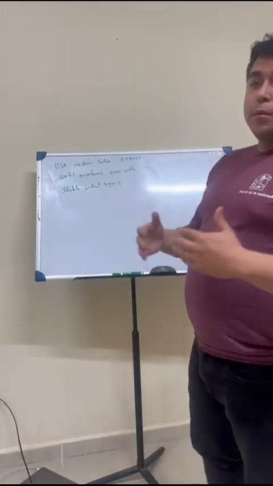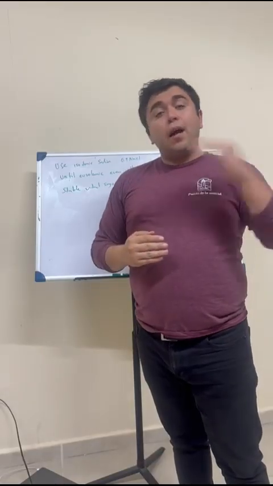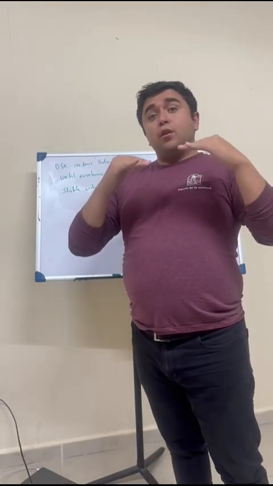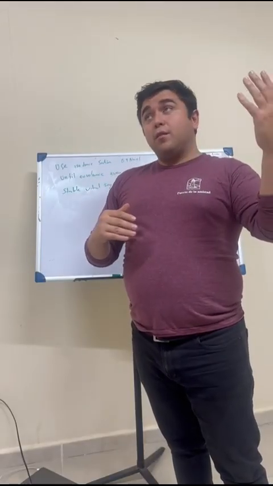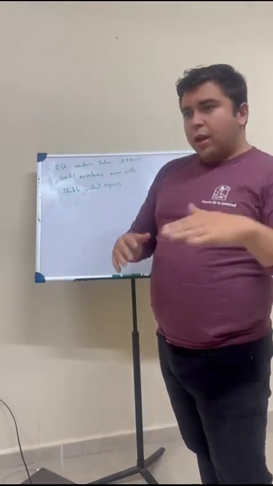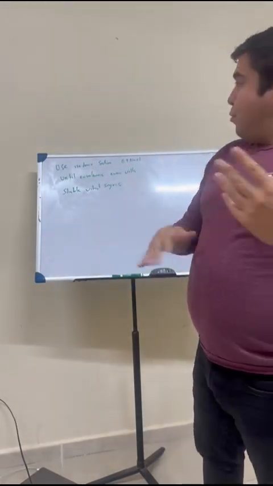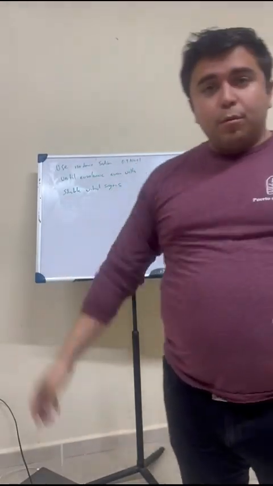What does euvolemic mean? Normal volume status, not hypervolemic and not hypovolemic. It's a normal state. So you want to use normal saline for those patients, even if they have stable vital signs.